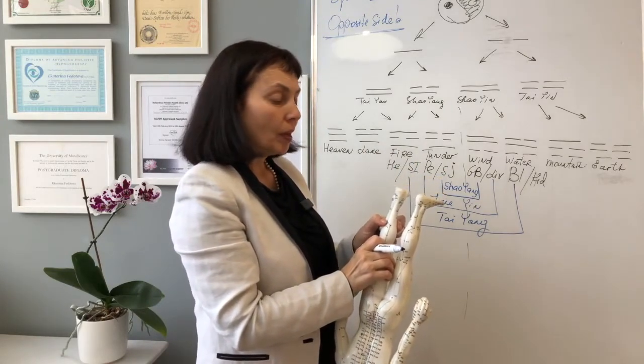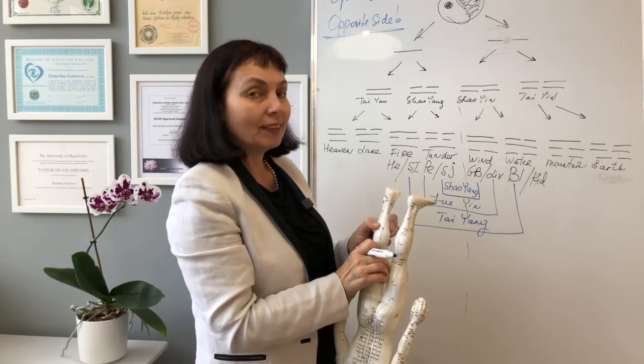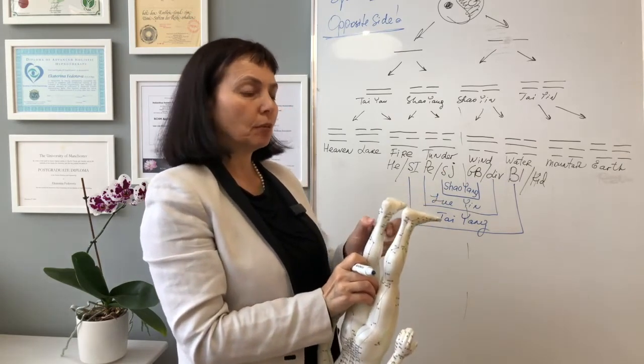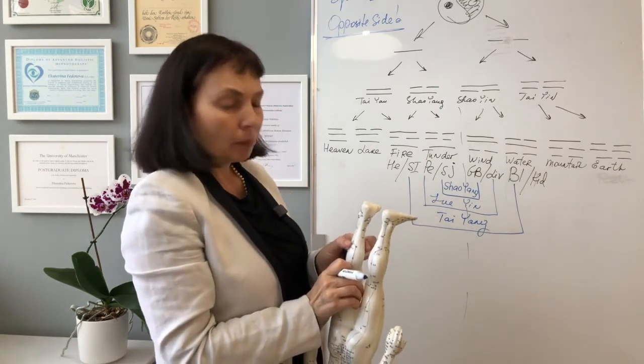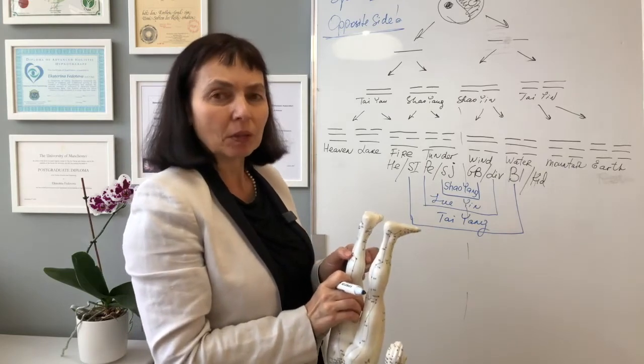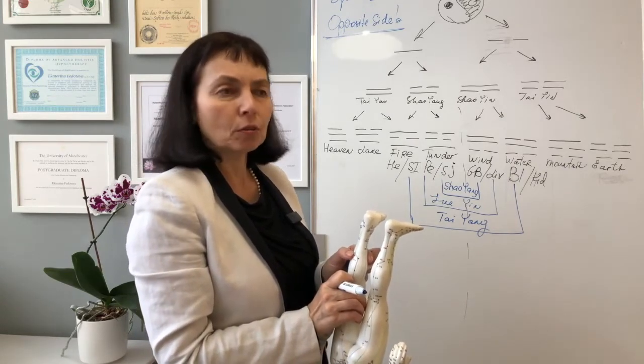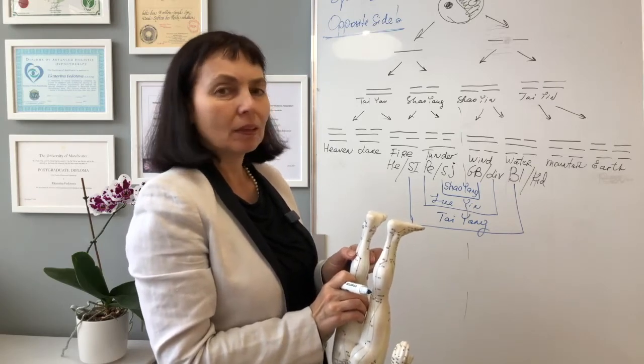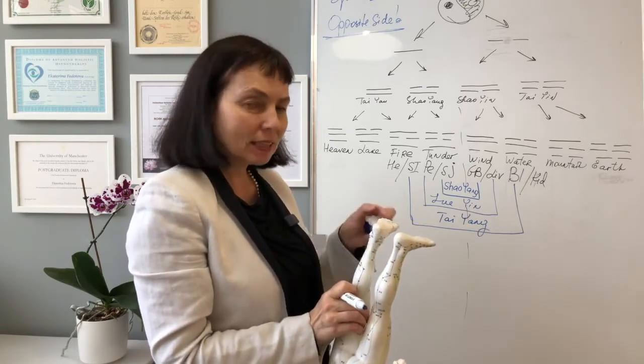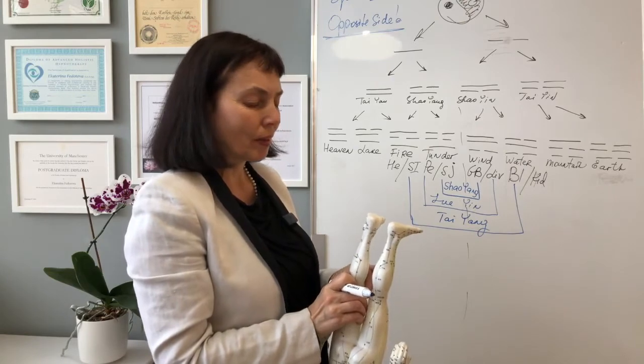So usually in 95% you will find Ashi points, but sometimes it can be something either numb or tough or stiff. Don't worry, needle. This is the Ashi point.